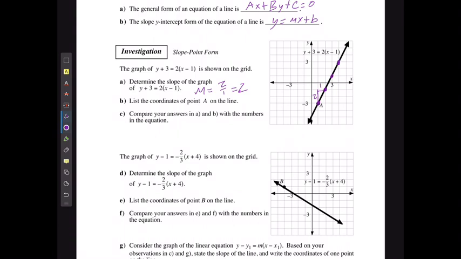If I'm listing the coordinates of point A, the coordinates of this point are going to be 1 and negative 3. If I'm comparing these numbers with the numbers of the equation, in the equation I have the numbers positive 3, 2, and negative 1.